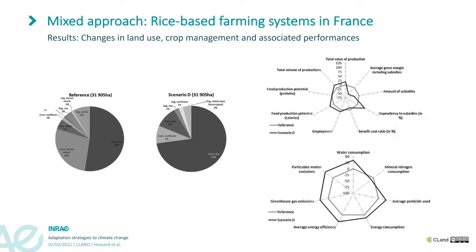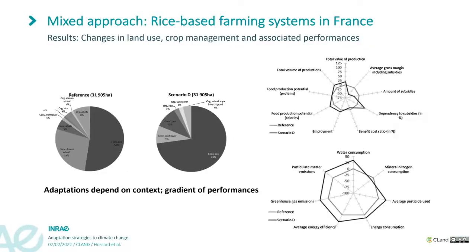I mean, one set of adaptations according to changes in context in this scenario will not be better for all performances or lower for all performances. As you can see here, for instance, you would increase the total volume of production, but you would decrease the gross margin, and you would worsen environmental performances, like more emissions of particulate matter and more greenhouse gas emissions.